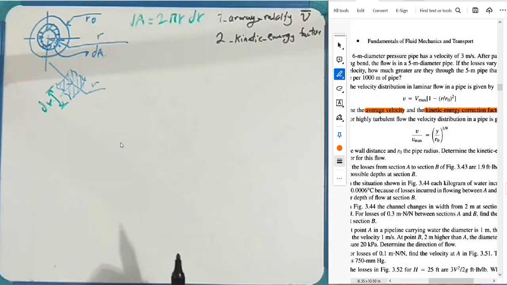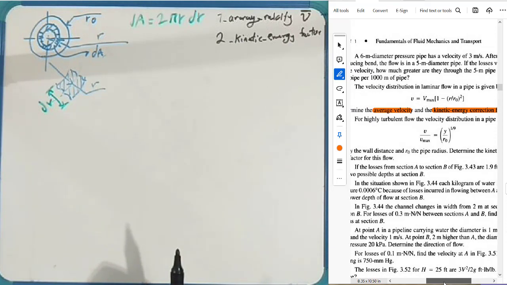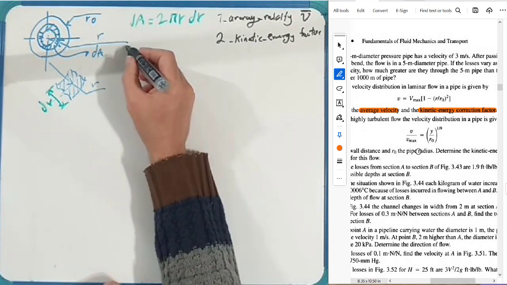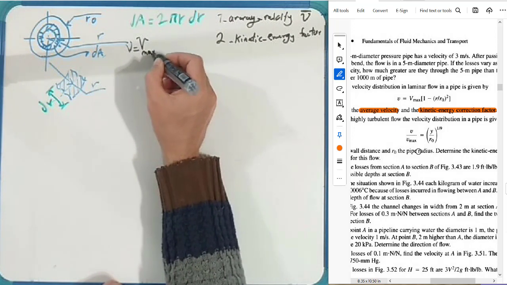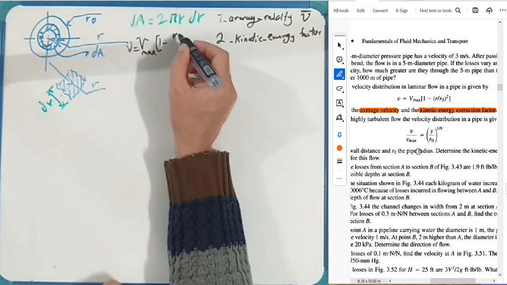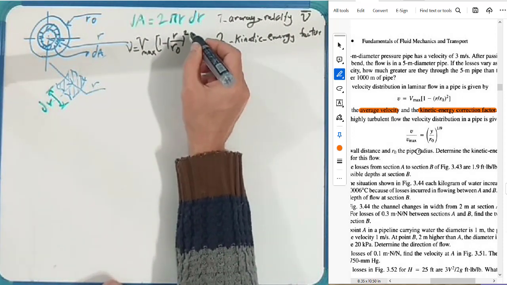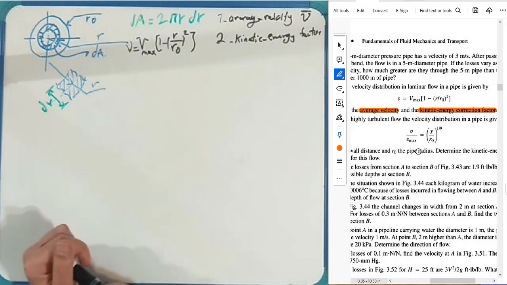Kinetic energy factor and average velocity. Okay, and our formula is something like that: V max, the maximum velocity, times the quantity one minus r divided by R out, squared. Everything great.